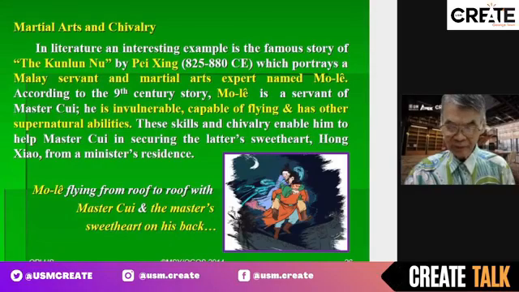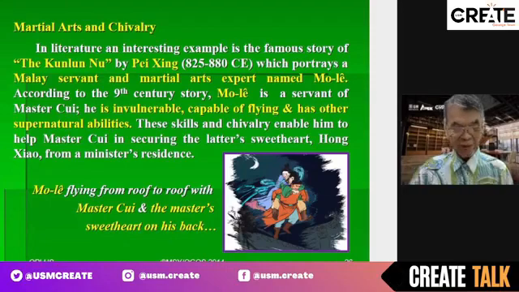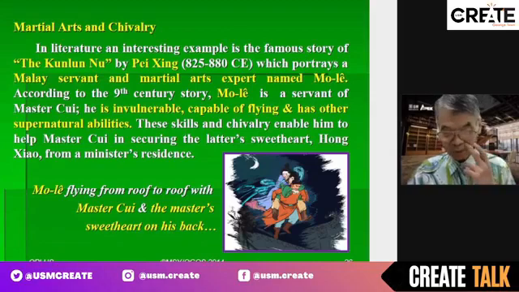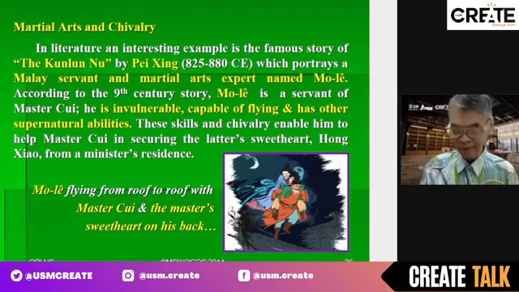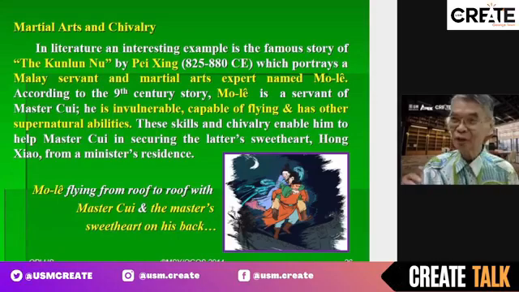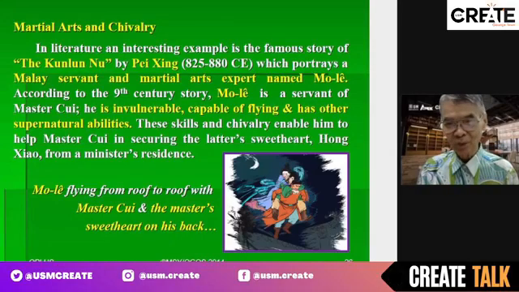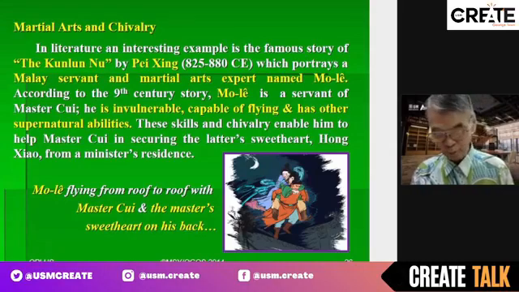These skills and chivalry enable him to help Master Tui in securing the latter's sweetheart, Hong Zhou, from a minister's residence. He had a sweetheart at that time, but somehow this minister was more powerful than he was, so the minister was able to divert his sweetheart to himself, and she was always there with him in his residence.